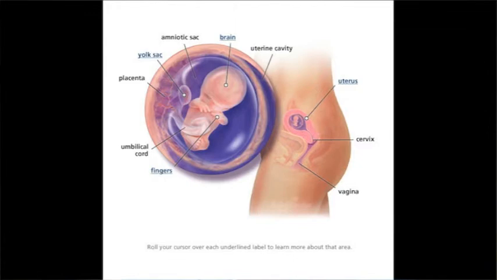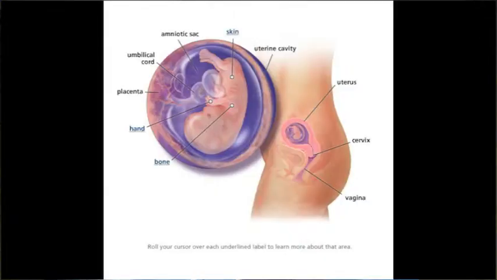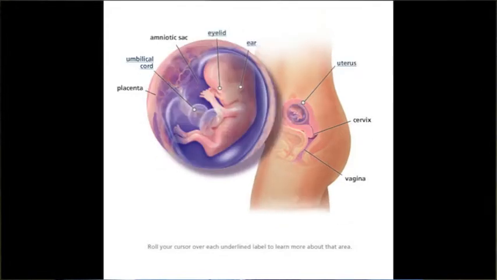The brain, spinal cord, and other neural tissue of the central nervous system are well formed. The digestive tract and sensory organs begin to develop as well. Bone starts to replace cartilage. The embryo begins to move, although the mother cannot yet feel it.